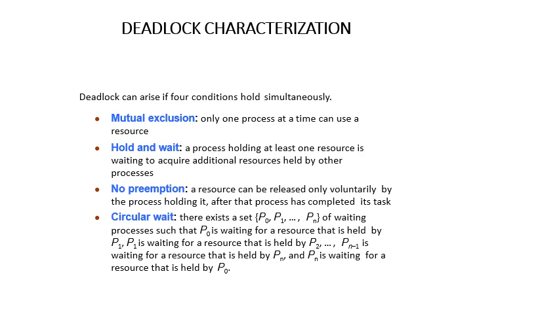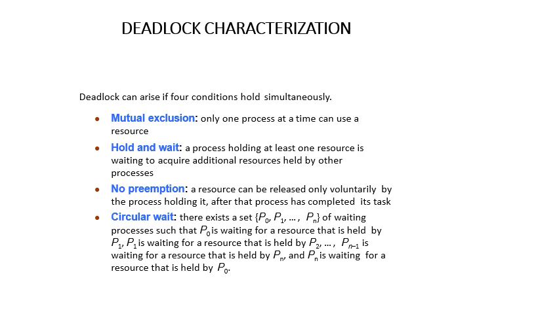Then the executing process will be paused, not stopped, and the newly arrived process with the highest priority will be executed. Later, once the highest priority process finishes its execution, the old process resumes its execution. This is called preemption.